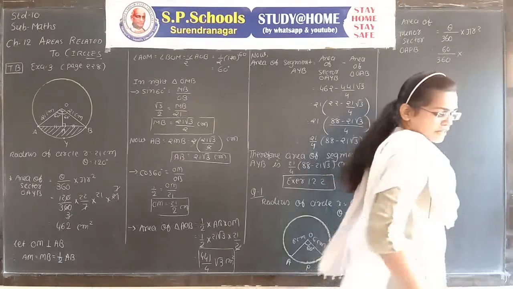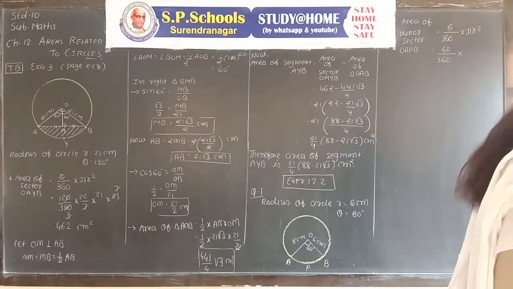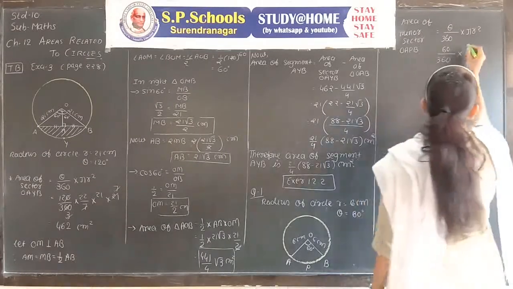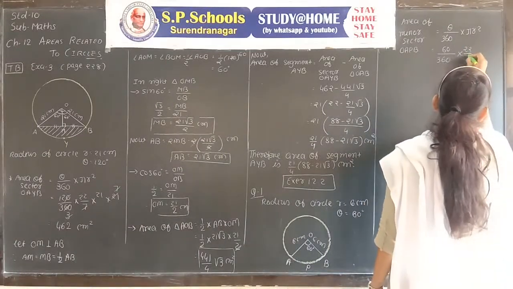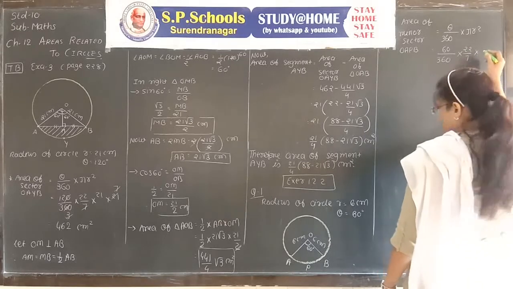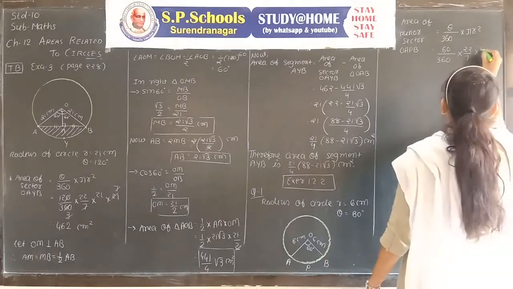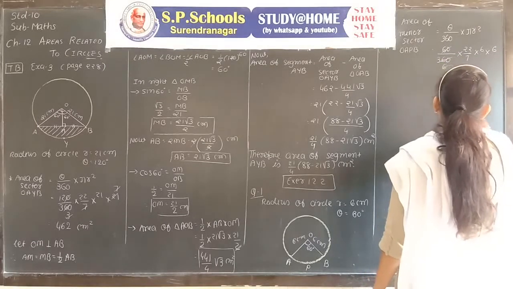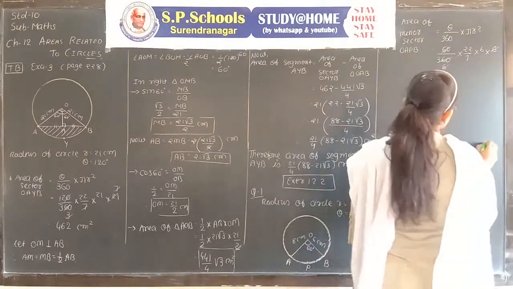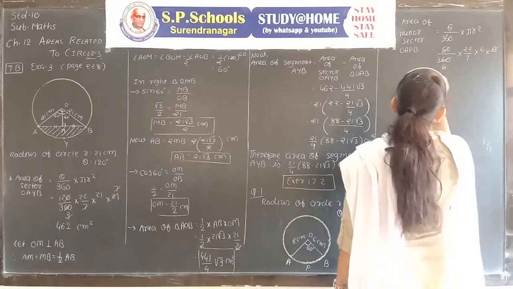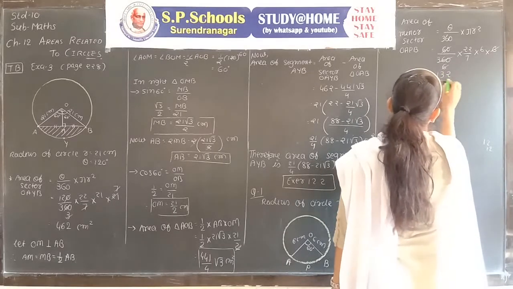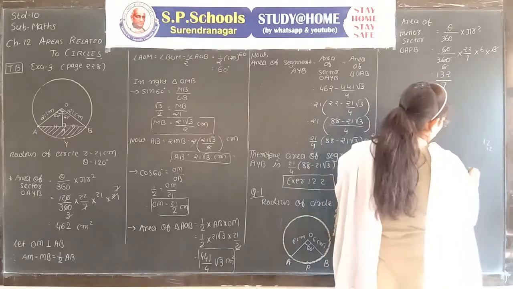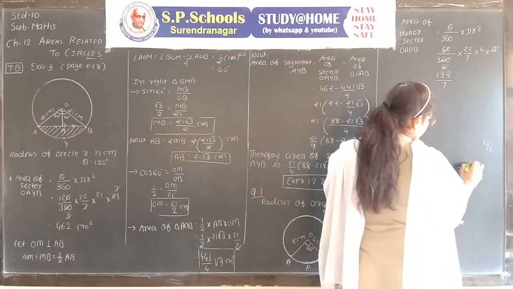If the pi is given, then take 3.14. Nothing is given, then take 22 upon 7 into r square. 6 into 6. 0 0 and 6 are 6, 6 cut, 132 upon 7. Now we divide 132 by 7.